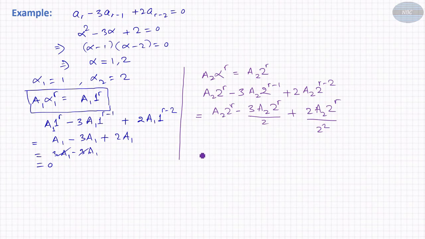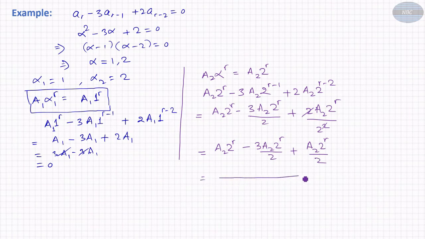Okay, now you have to simplify this one. So this will be a2 2 to the power r minus 3a2 2 to the power r divided by 2 plus, so this 2 and 1 2 will cancel out, so this will be a2 2 to the power r divided by 2.